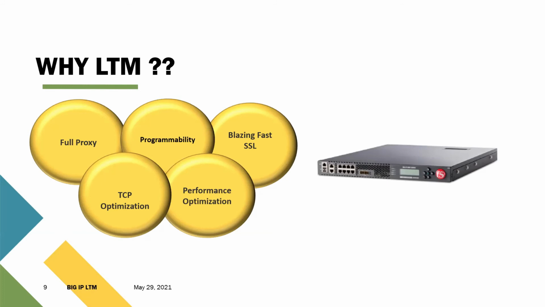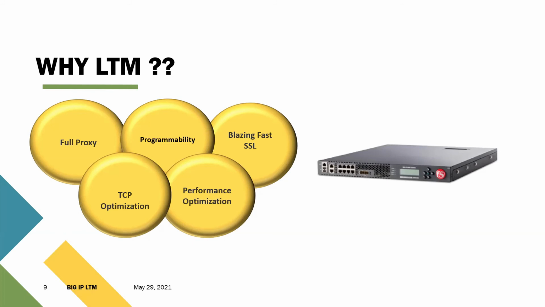Right, so you have flexibility of using the script, create an iRule, place it there, and you achieve what you want to achieve on that traffic, because this traffic is eventually passing through your LTM boxes and you have visibility to it. Right, so next one is blazing fast SSL.